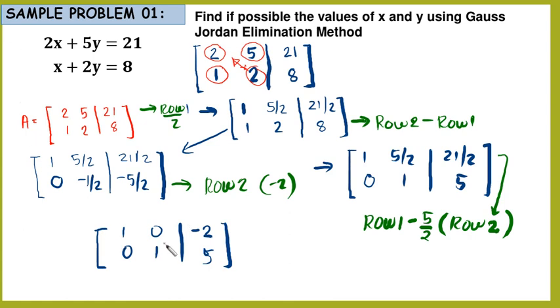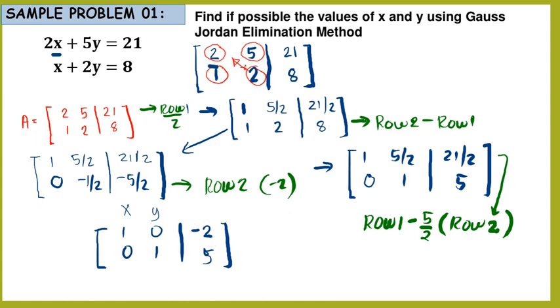So we stop there because we have made our diagonal 1 and the upper and lower elements of our diagonal equal to 0. And whatever we see here will become now our values for x and y. So this would be our x, that will be our y, and this will be the result of the x and y.